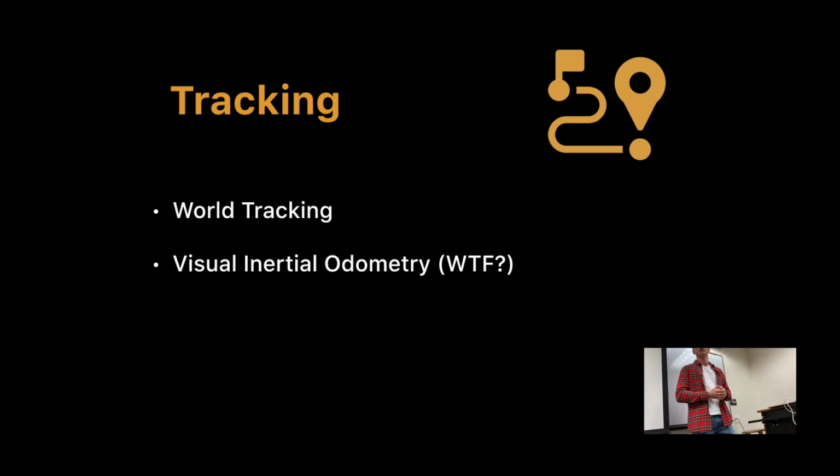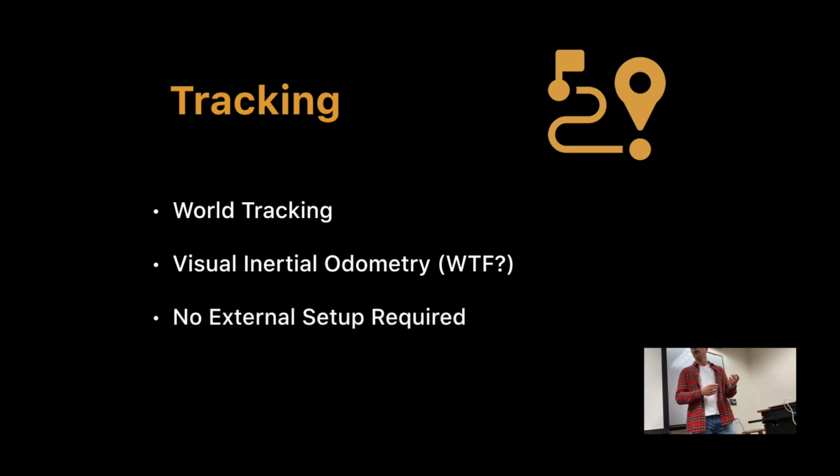It's going to use visual inertial odometry, which is basically combining the input from camera and motion data to estimate the location and rotation of your device in real time. All of this is handled behind the scenes for you.